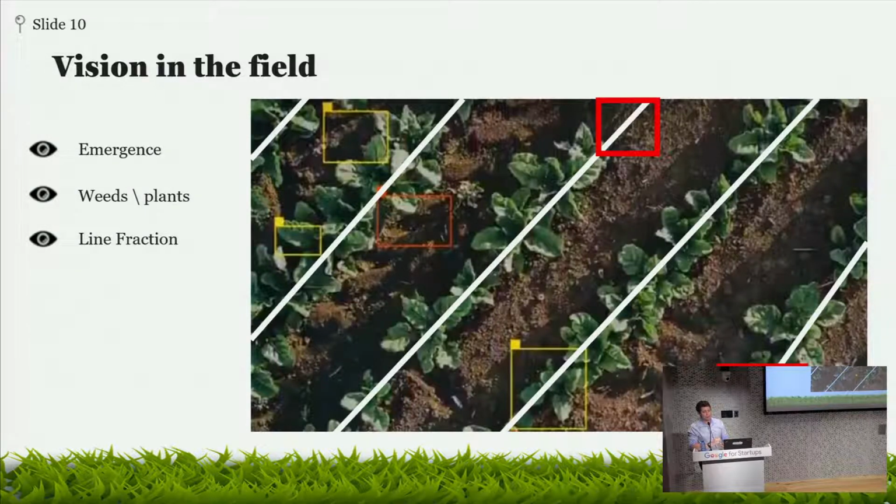So at this point you want to understand how you take advantage of your field. This kind of index provides a way to understand how much you really get out of the ground you're using. You can see again the red boxes are places where we as farmers thought we should have plants but they didn't get rooted.